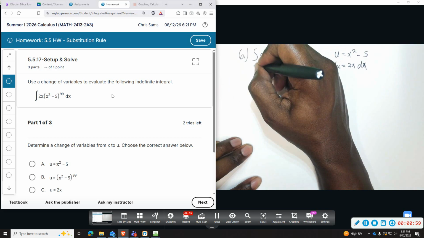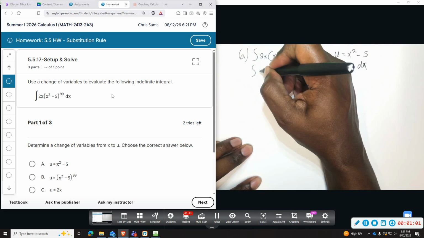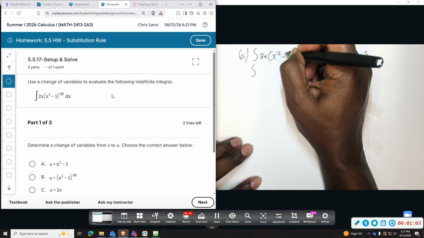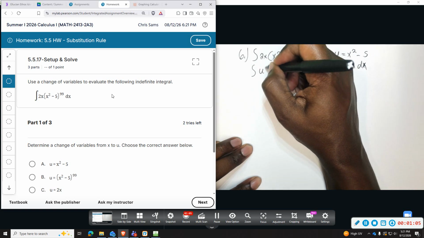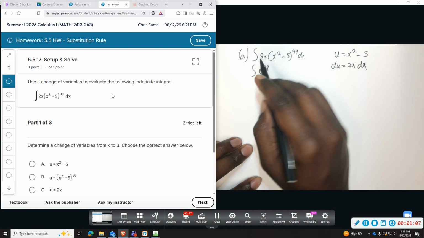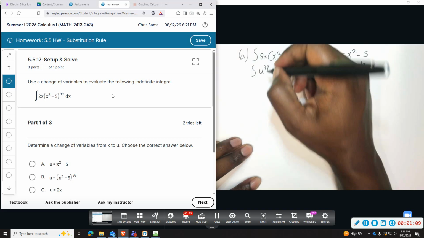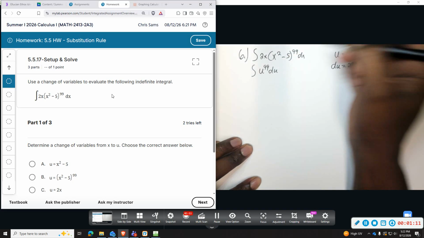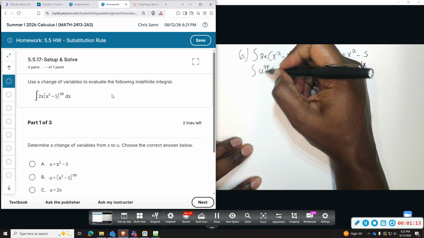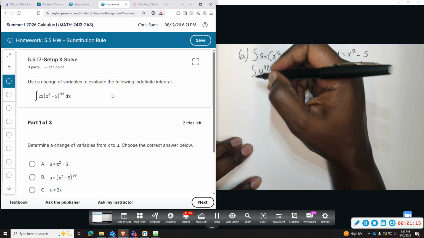So when we evaluate it with u, we'll have a u to the 99th. The 2x dx is equal to du. And then when we evaluate it, add 1, divide by 100.